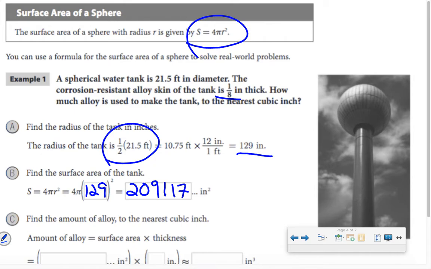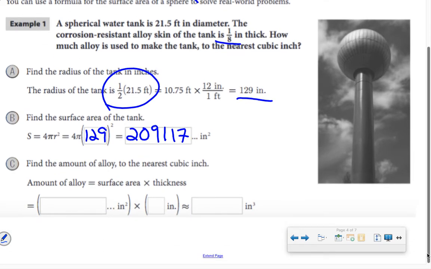So it says that the amount of alloy is the surface area times the thickness. So my surface area again is 209,117 times 1/8. And when I multiply by that, I get approximately 26,140 cubic inches.